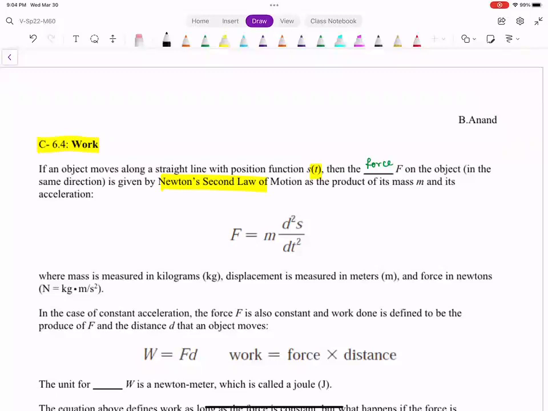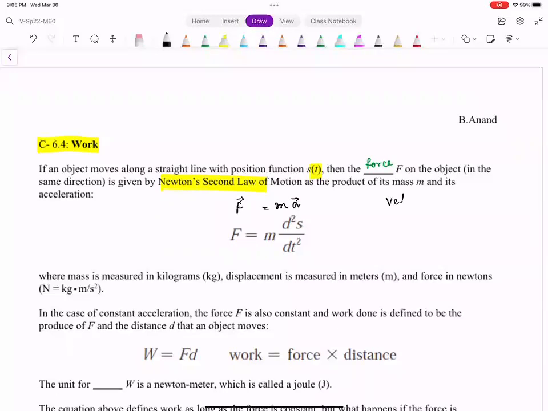Force equal to ma. Force is a vector, acceleration is a vector. So F equal to m times d squared s by dt squared. If the position is s of t, then the second derivative is the acceleration.